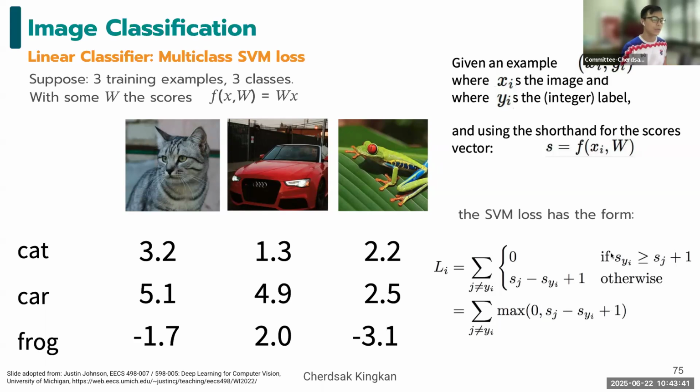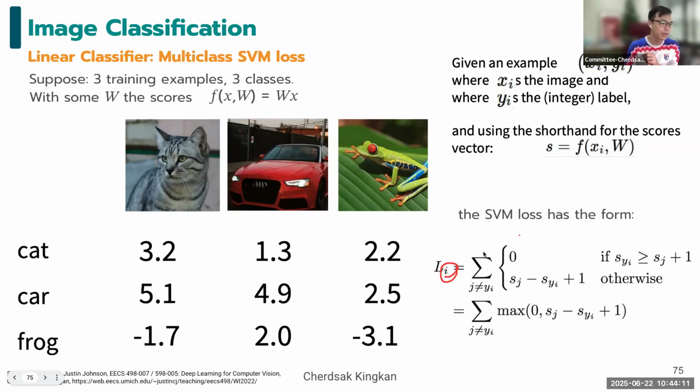How does it look? This is the form of the loss function for each example. So now we are going to discuss the multi-class support vector machine. This is how we calculate the loss for each example i.